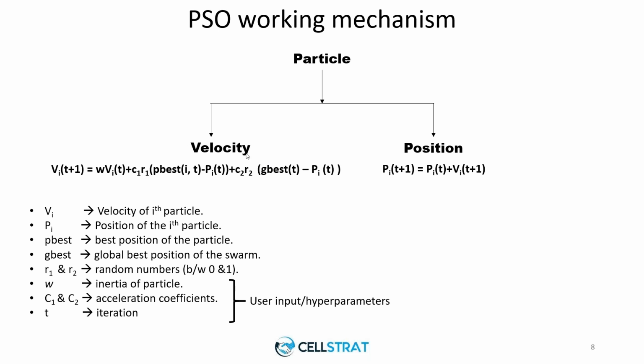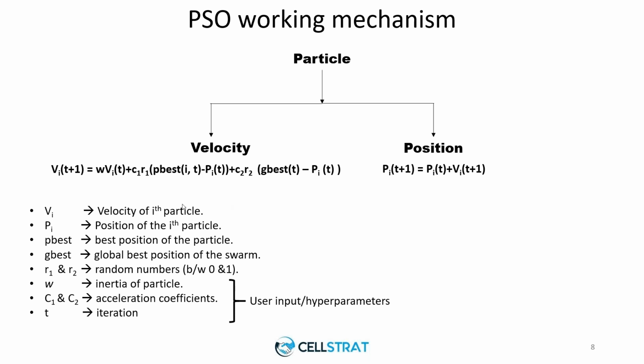Velocity is like a vector, so it will have a direction, and it will also say by how much you need to move. So this is the equation to find the velocity, or the direction in which you need to move and by how much. And the new position would be the current position plus this velocity.